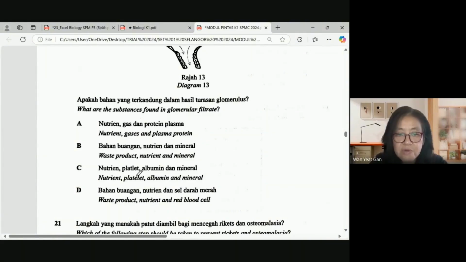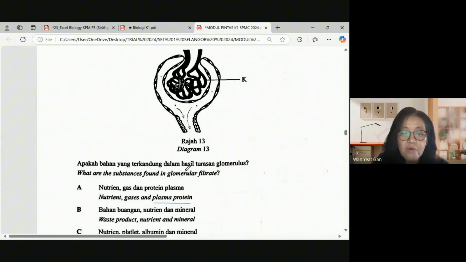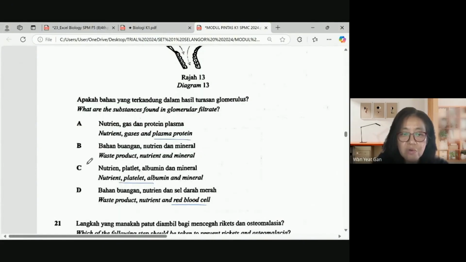Ultrafiltration will not have plasma protein, platelet, and red blood cell, because these three are too large to pass through the blood capillary as well as the Bowman's capsule. The pores of the blood capillary are too small for these three substances to diffuse through. So this glomerular filtrate will not have these three substances.